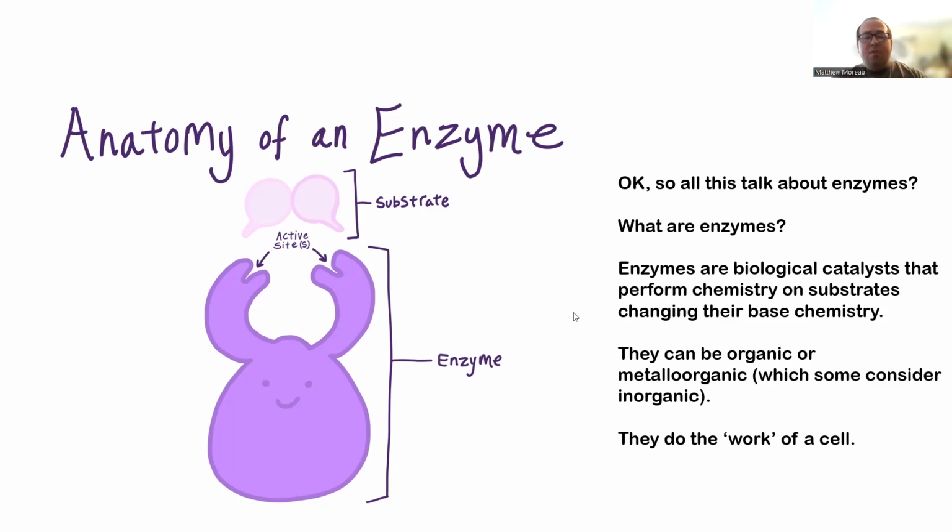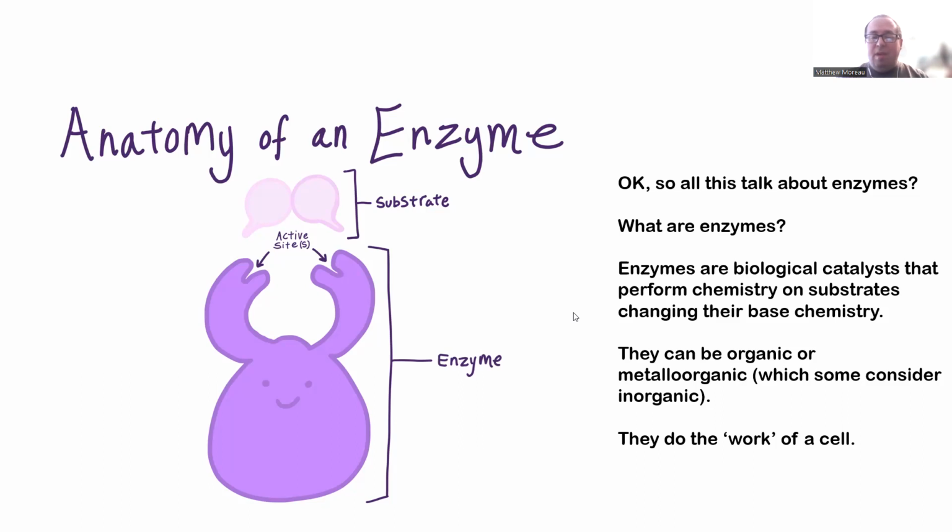So when we think about enzymes, here's the general anatomy of an enzyme. Enzymes are by and large biological catalysts that lower the energy barrier, or the energy threshold, for a chemical reaction to occur, because they themselves can perform chemical reactions. So their existence allows them to perform chemical reactions.